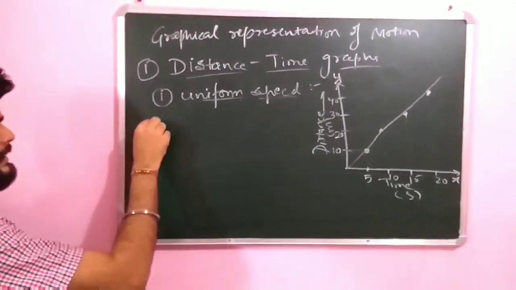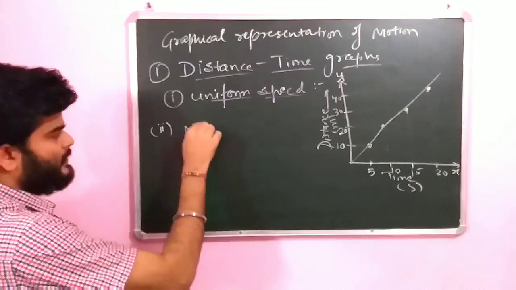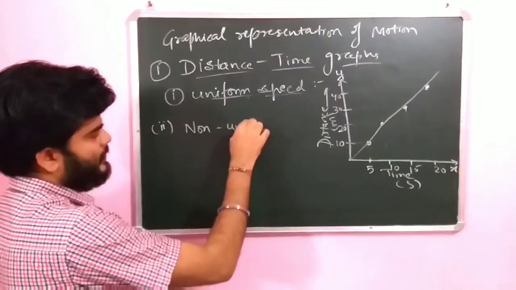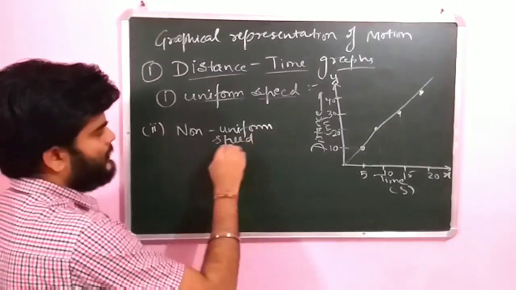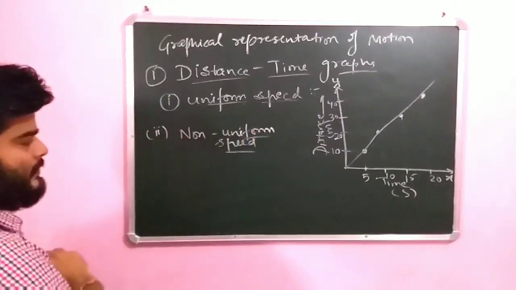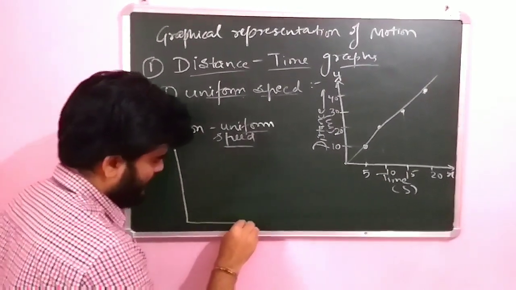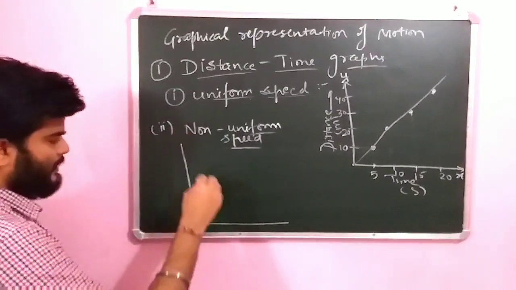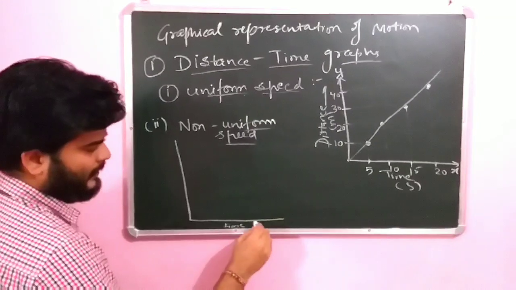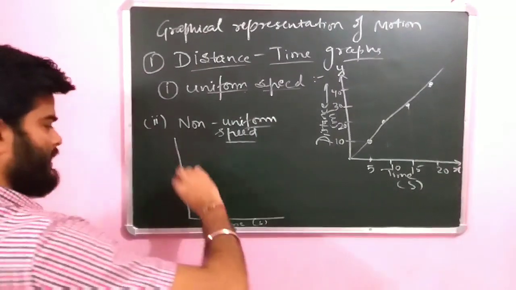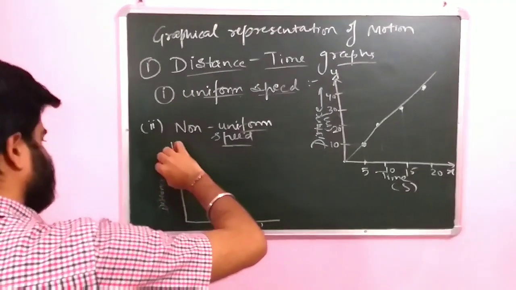Now second case is if the speed is not uniform, the speed is non-uniform. In that case we will draw, let me draw here, you can write it down, same time in seconds and here distance in meters.